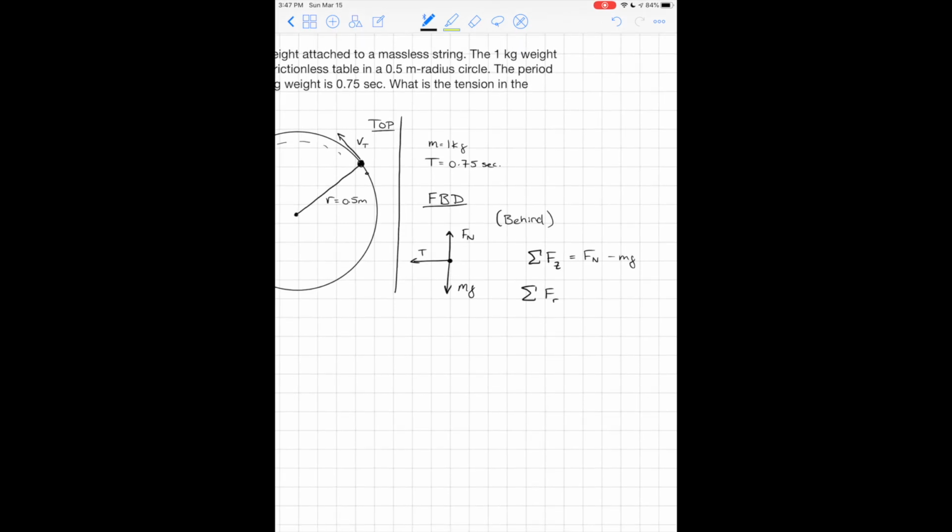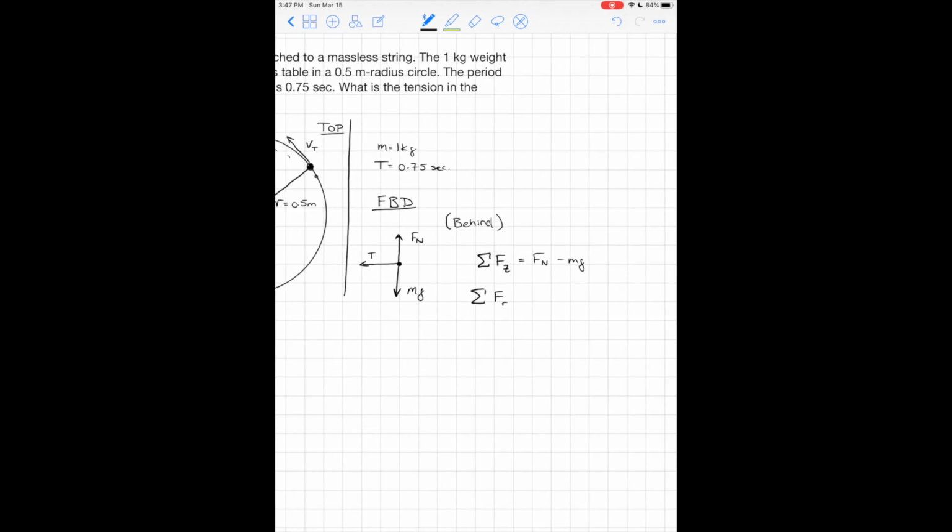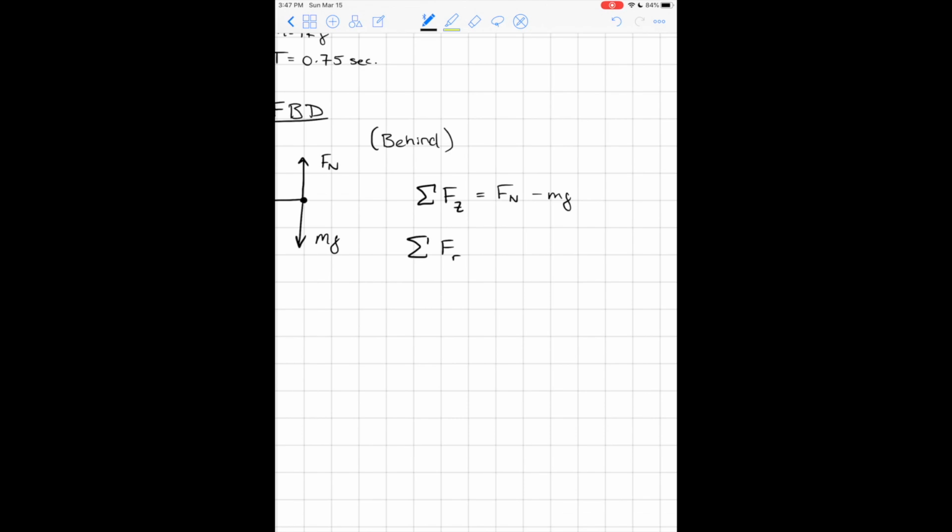Now, the question we need to ask ourselves is, is this spinning mass rising off the table, accelerating off the table, or burrowing into the table? And I think not. I think it's 0 for our net acceleration in the z direction.